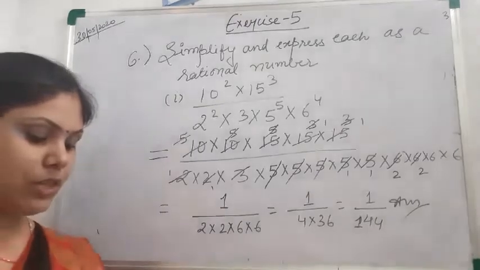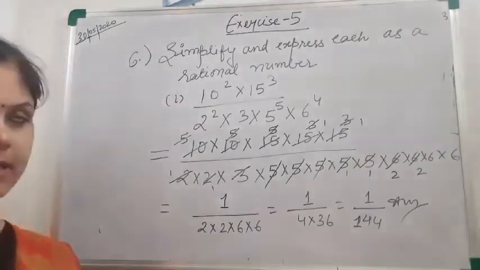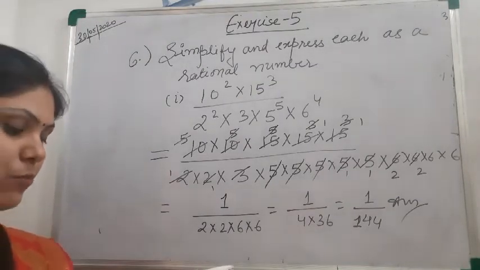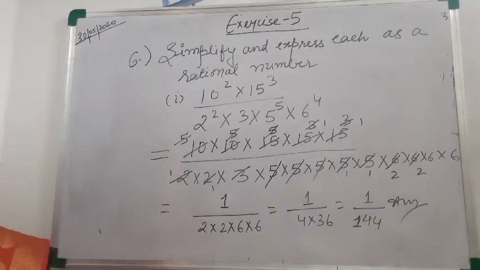The distance between the earth and the moon is approximately 3,84,000 kilometers. Express this distance in meters in exponential notation.